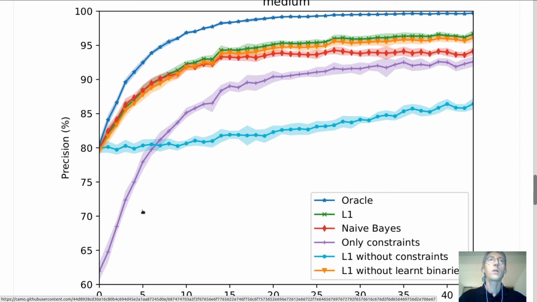You see that here this is just using the mandatory constraints, and here just using the learned preferences, and really it's much worse than using both together to get the green curve.